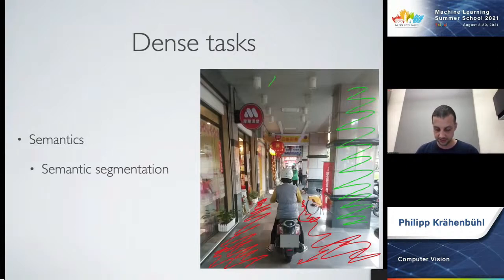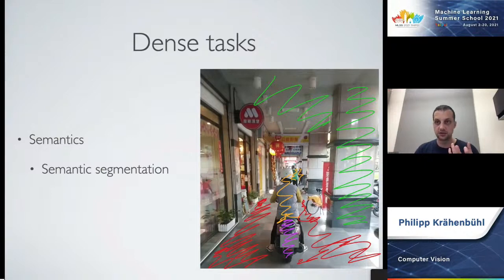This is again building. You could classify this as vehicle. Up here is person. Here more person, and so on. This is a way to look at an image and globally parse it in a very nicely structured way.